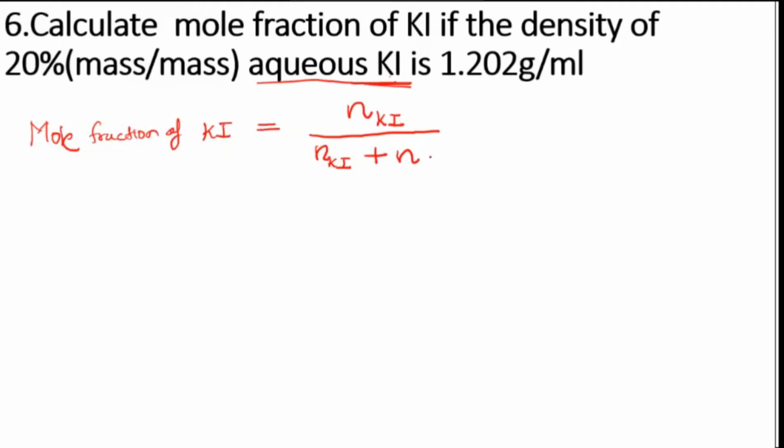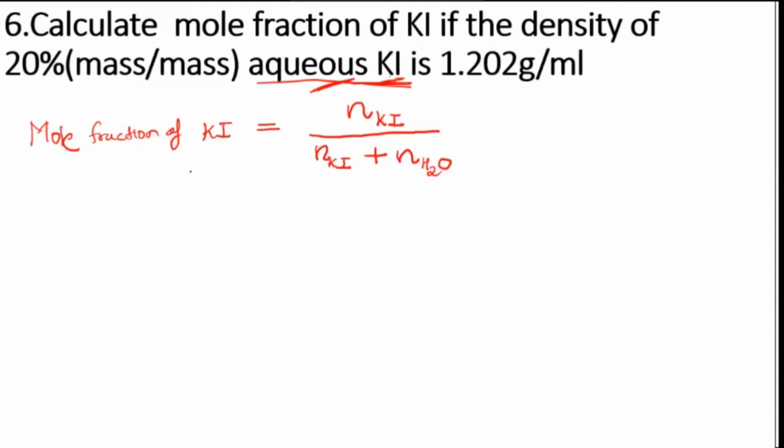Yes, very good, correct. Aqueous solution means it is water. So you have the other component as water. Two components are there: one is potassium iodide and the other one is water. When you calculate mole fraction, in the numerator you take that component, divided by the total number of moles of all the components, potassium iodide and water.